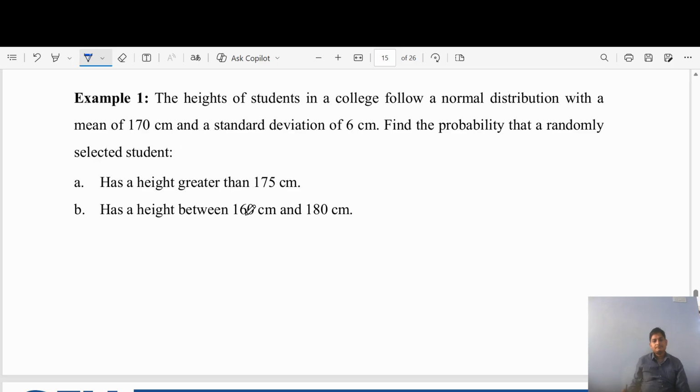So first it is given that the heights of the students in a college follow a normal distribution with a mean of 170 centimeter. Mean is nothing but mu.